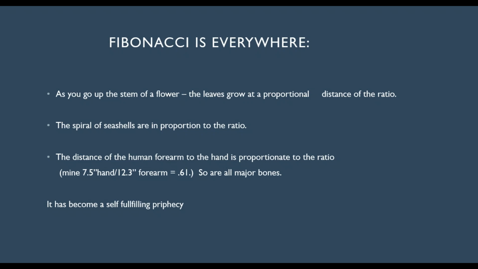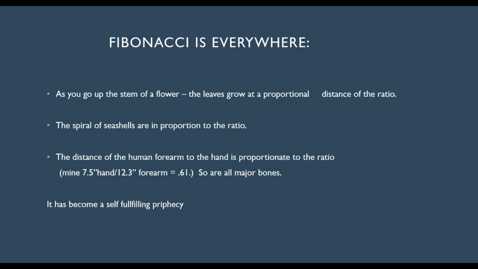My hand is 7.5 inches. My forearm is 12.3 inches. When I divide 7.5 by 12.3, you got it. It's the golden ratio, 0.61. So are the relationship of all the major bones in your body.